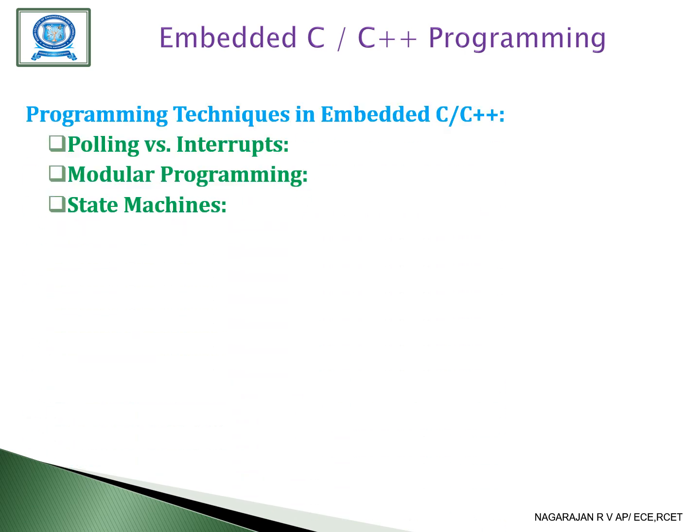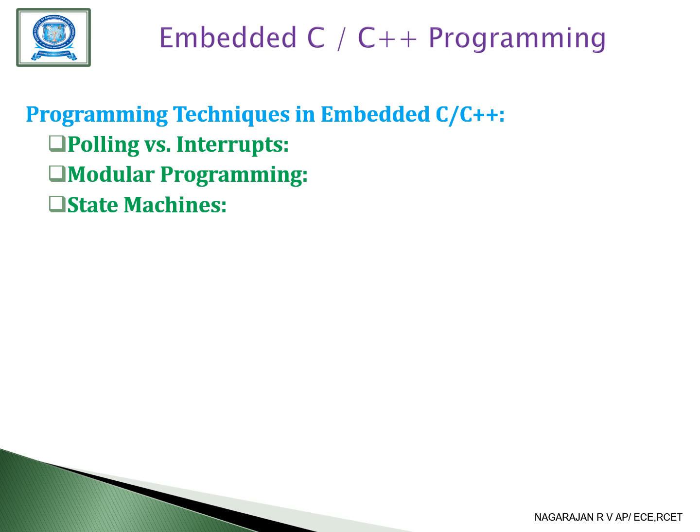Now let us see the programming techniques in embedded C and C++. First one is polling versus interrupts. Before that, let us define what is polling and what is an interrupt. Polling means continuously checking the status of a peripheral or flag in a loop until a specific condition is met.